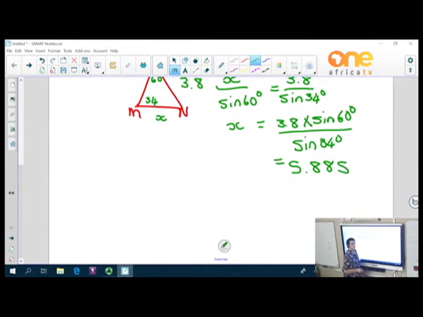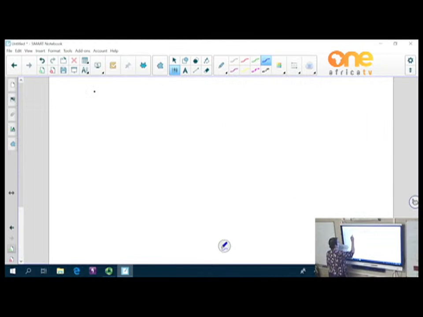Sides are going to be rounded to 3 significant figures. Will the 5 influence the 8? Yes. And it becomes then 5.89. Right, number B, Try Now 27.